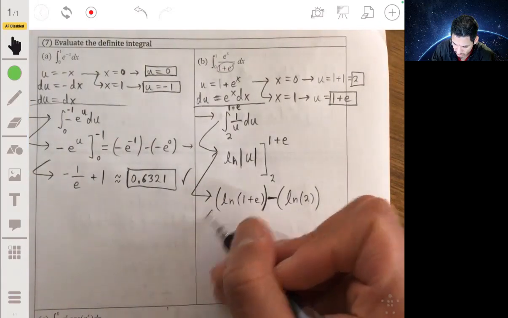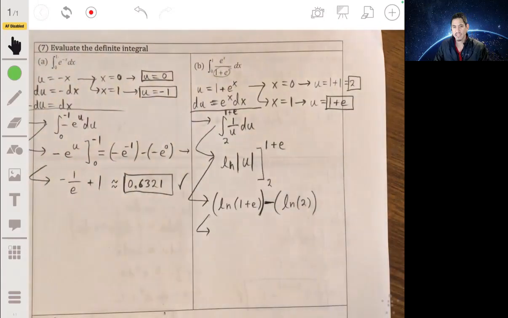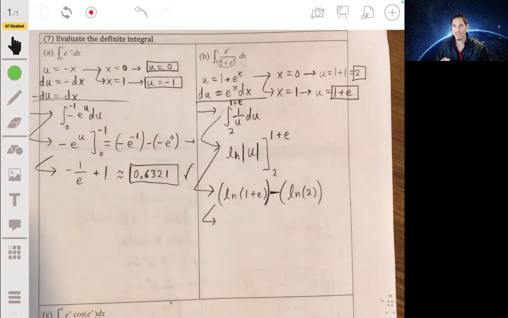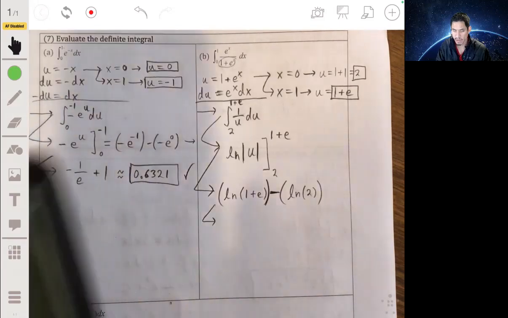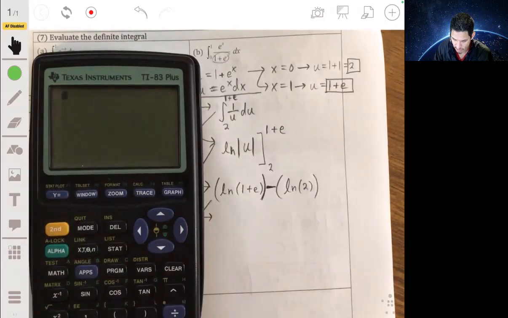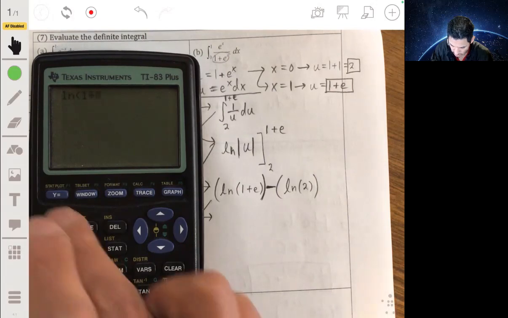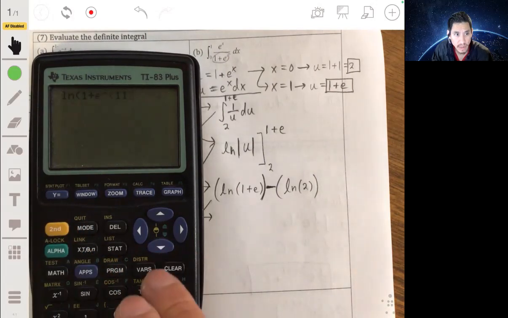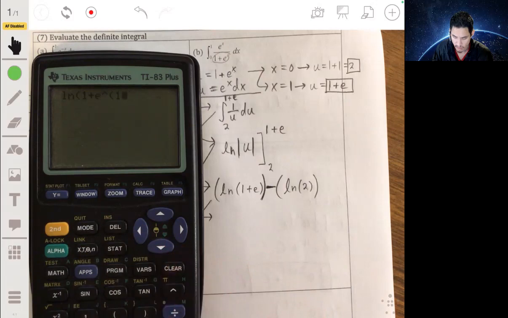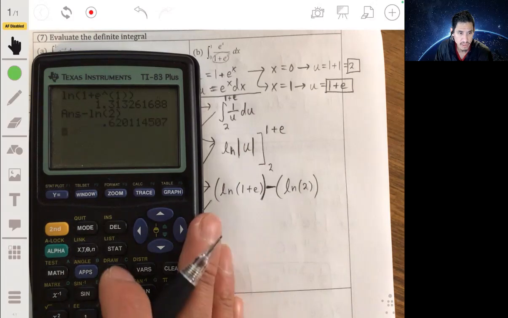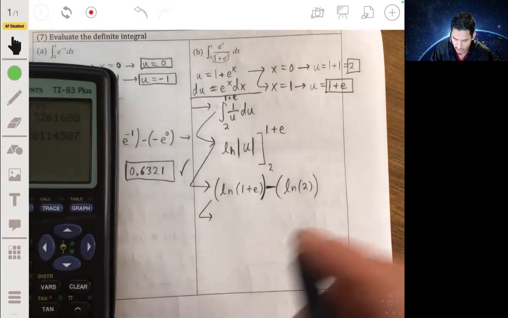From here, we can rewrite this in a different form, but let's just calculate what this would be with our calculator to get a decimal approximation. So natural log of 1 plus e, minus the natural log of 2. We'll get about 0.62011.